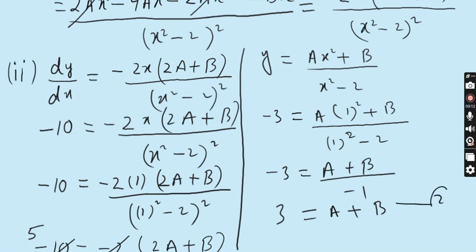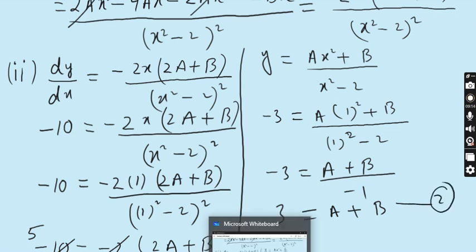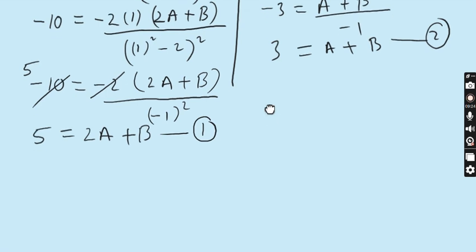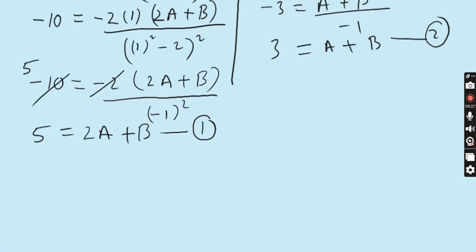This is equation number 2. Now we have two equations, equation number 1 and equation number 2. Solve these two equations simultaneously to get the values of a and b.